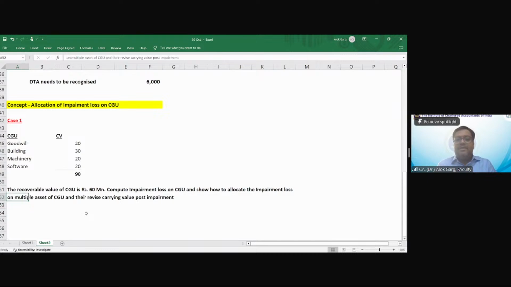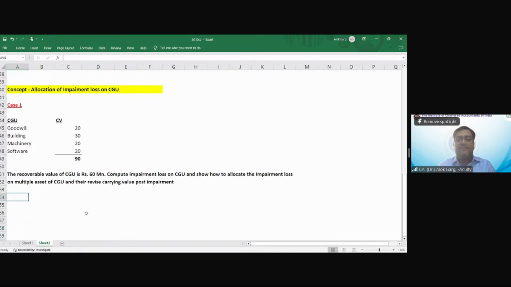So the carrying value is given for this cash generating unit. The recoverable value is given for this cash generating unit. We need to compute the impairment loss on cash generating unit, and we need to determine how to allocate the impairment loss on multiple assets of CGU and their revised carrying value post impairment. Carrying value: what is my carrying value? 90 million.